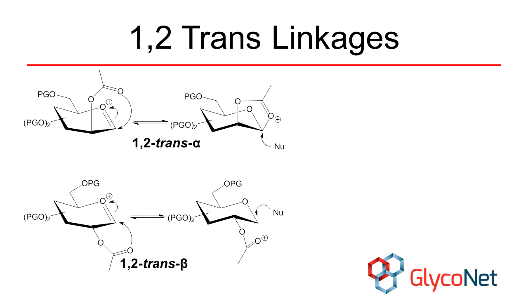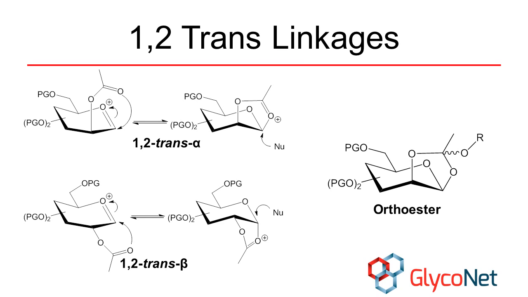Trans linkages, either alpha or beta, are relatively straightforward to make. Acyloxy groups on carbon 2 can participate in the reaction and direct incoming nucleophiles to approach from the opposing face. Keeping the reaction mixture mildly acidic is extremely important, as large amounts of orthoester can form under neutral or basic conditions.